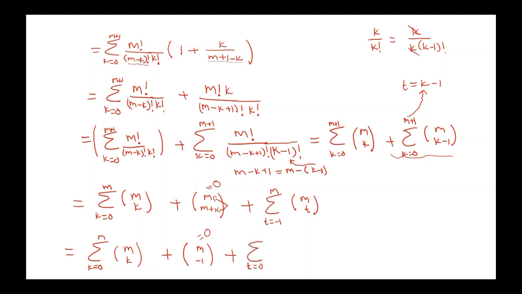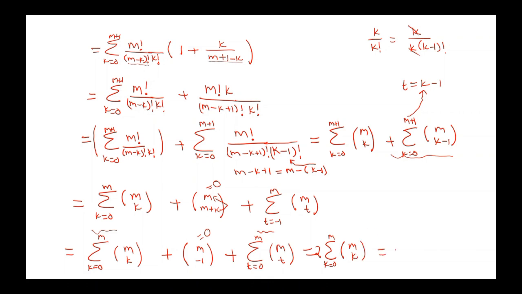T goes to, I mean, now it's 0. So then you have m combination t. And so you are basically left with this one: k equals 0 to m. Do you see that these two things are similar? So you can rewrite it as 2 times this one, m combination k.